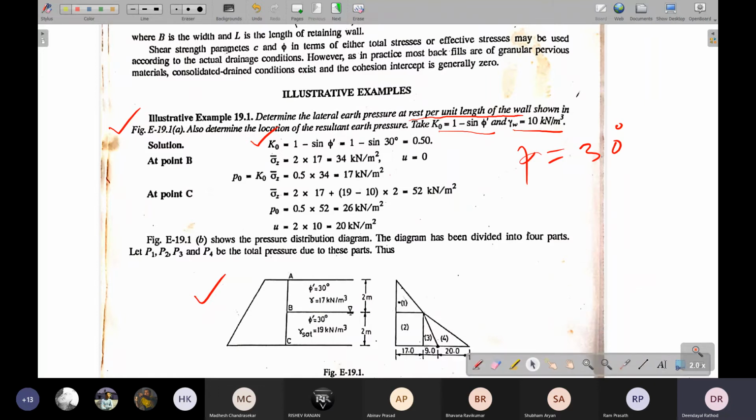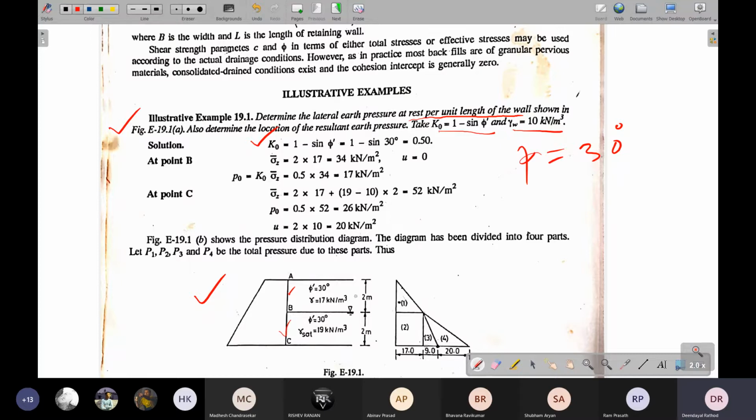Now look here, this is one type of soil and this is one more type of soil. Phi is 30, gamma is 17. The next layer of soil has phi 30 and gamma saturation 19.